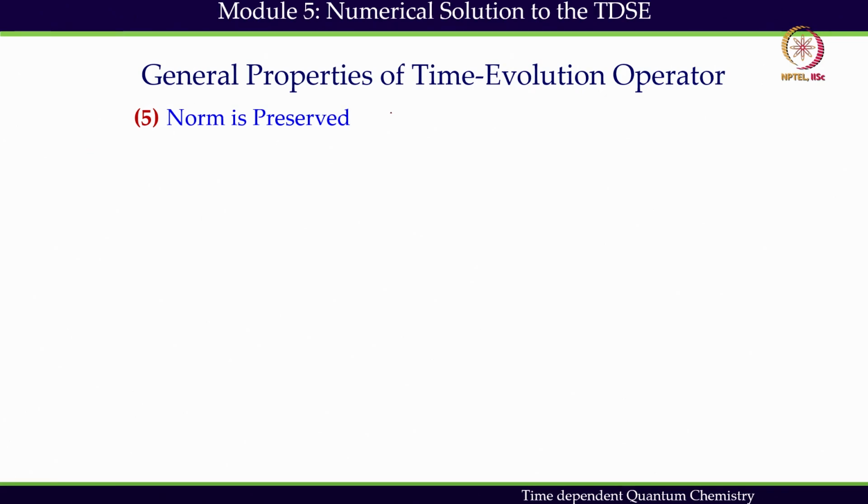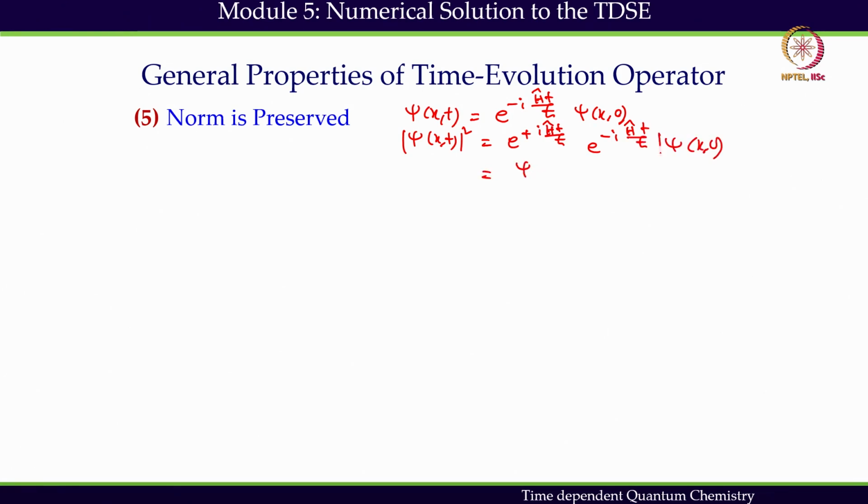So we'll see that if psi x t is represented as e to the power minus i H t by h cut psi x 0, then I can consider the absolute value square of its absolute value, that is going to be e to the power plus i H by h cut multiplied by e to the power minus i H cap t by h cut, then psi x 0, that is nothing but psi x 0.